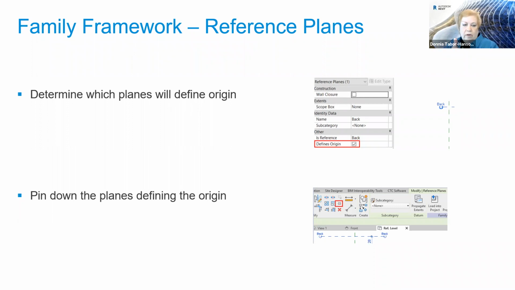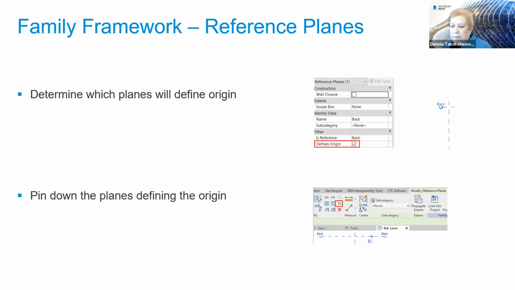And you only want to pin 1 reference plane down per orientation, your left, right, or your front, back. That way, if you pin down the back and pin down the center and then try to make a different length or depth, it won't do it because you've locked down half of your depth. So you only want to pin down the origins. And by default, your level line in your base is going to be your origin when you're looking at an elevation.